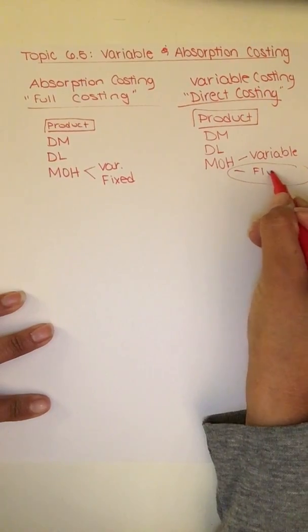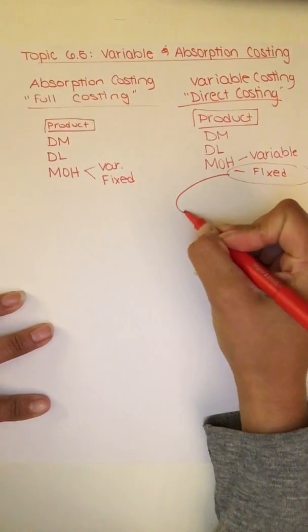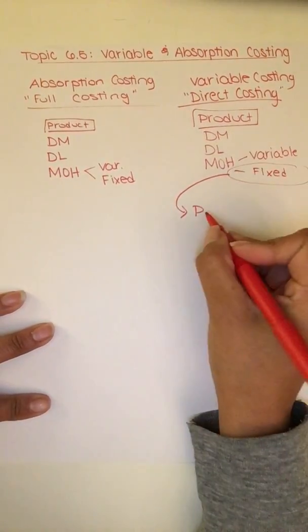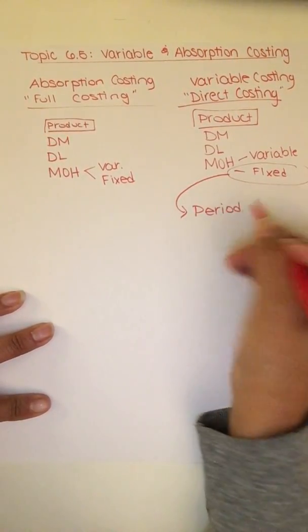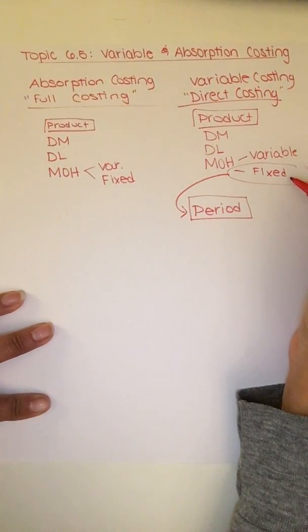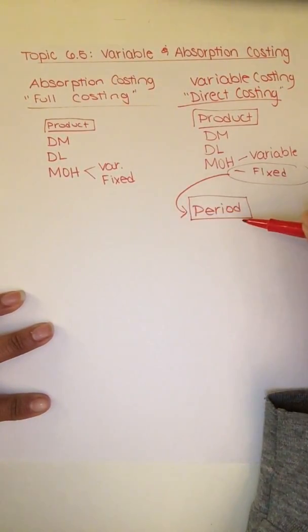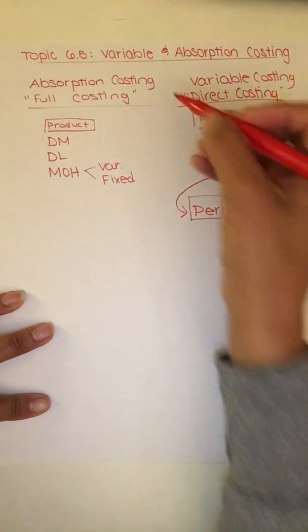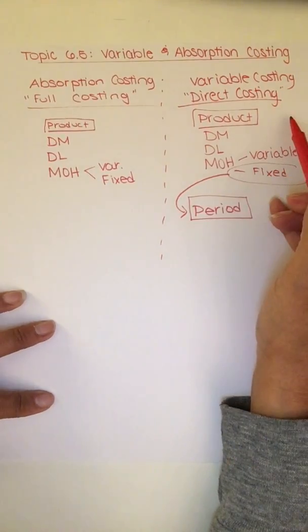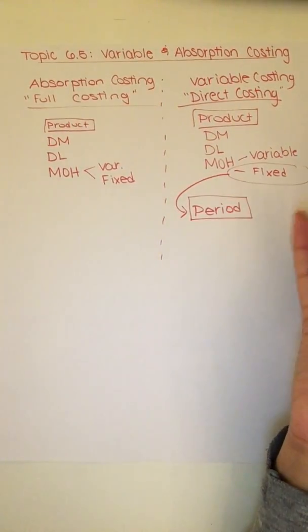The fixed portion gets moved to that other cost we talked about. We talked about product costs and period costs. So under variable costing, fixed overhead costs are treated as a period cost if a company decides to use the variable costing approach.